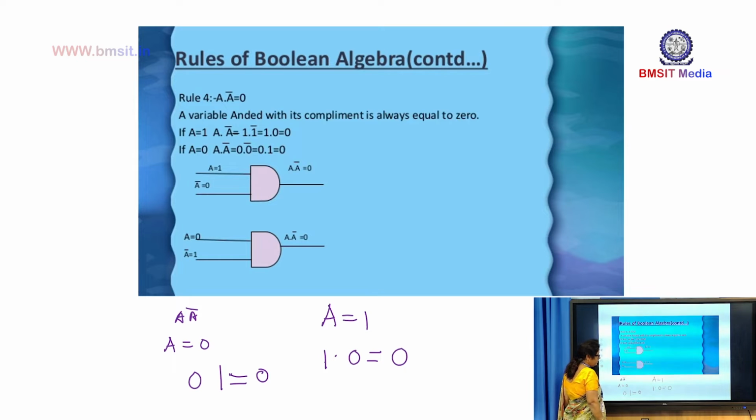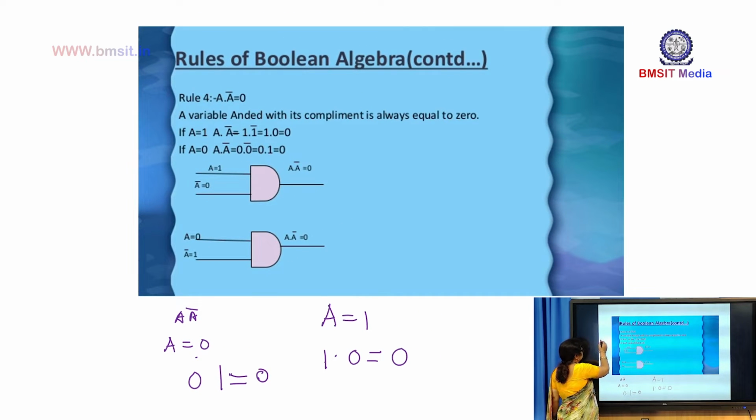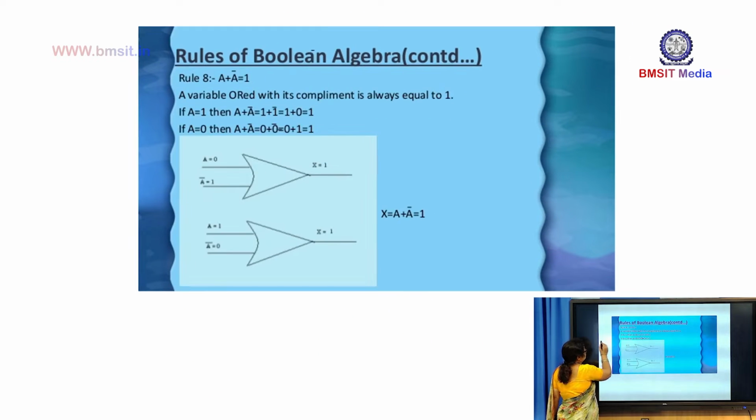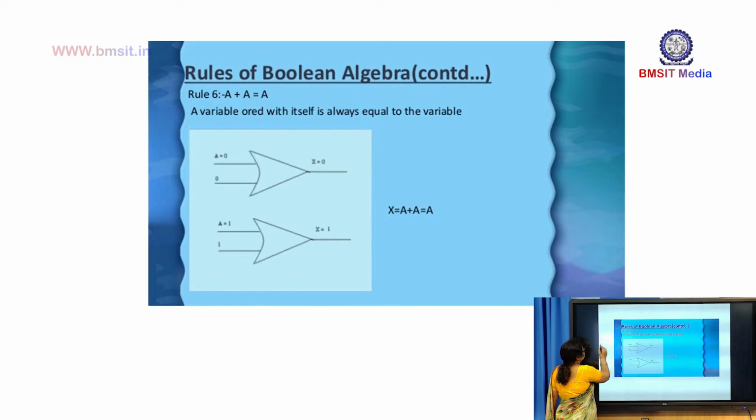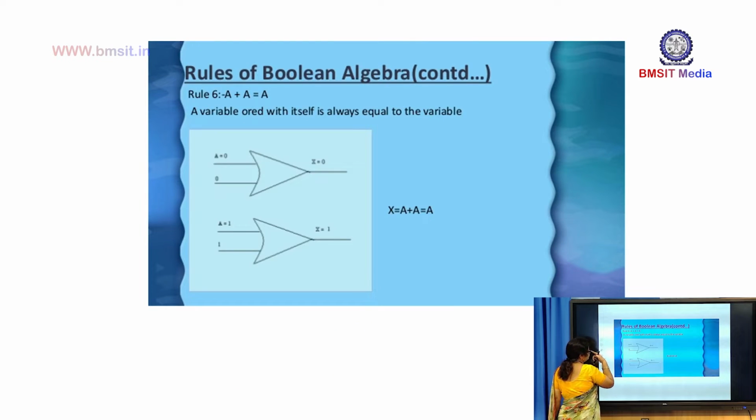You see, in both cases, whether A equal to 0 or A equal to 1, the output is 0, irrespective of the value of the variable. That is why we write A into A bar is equal to 0. That is how it is obtained.